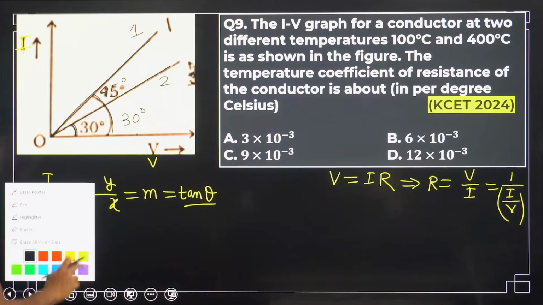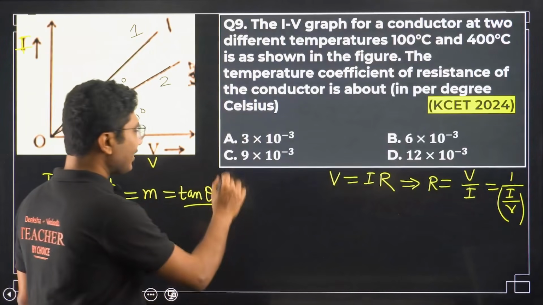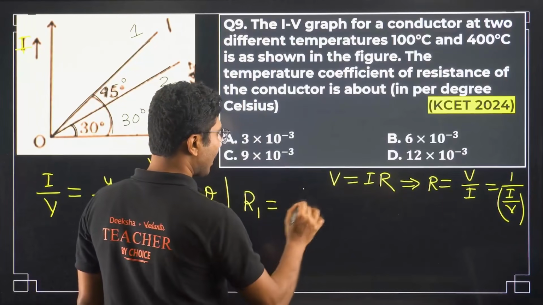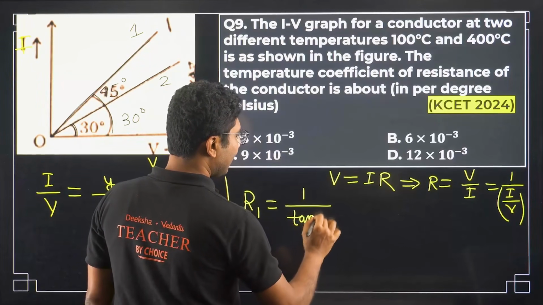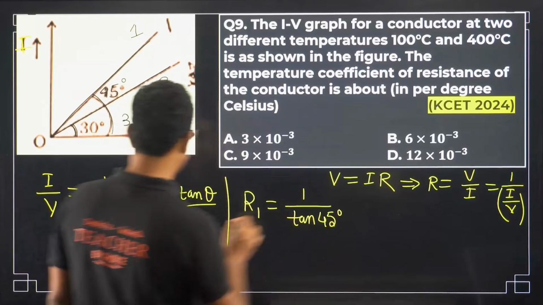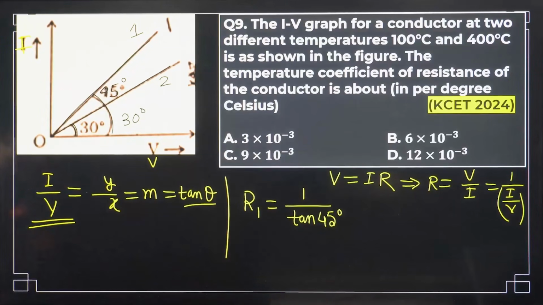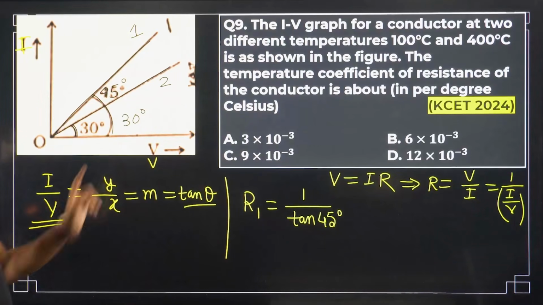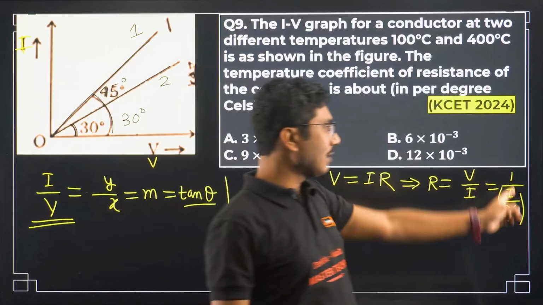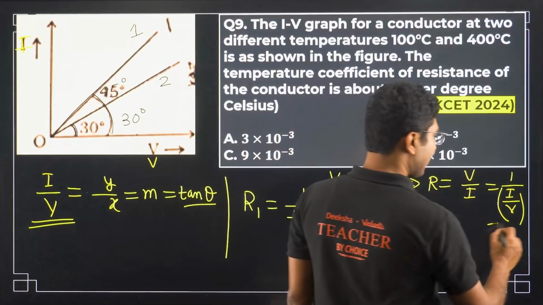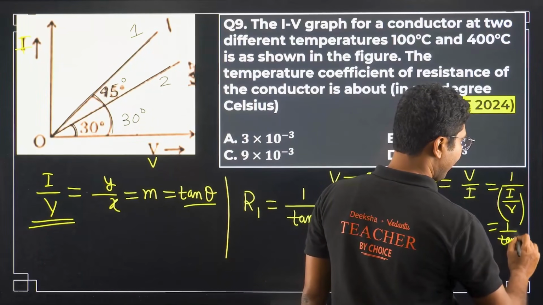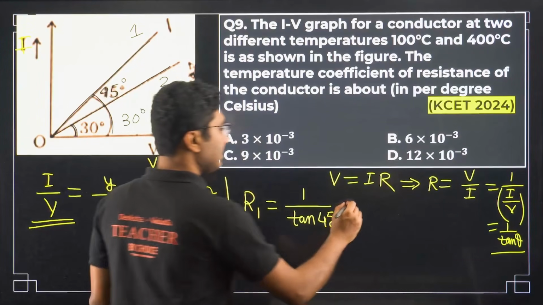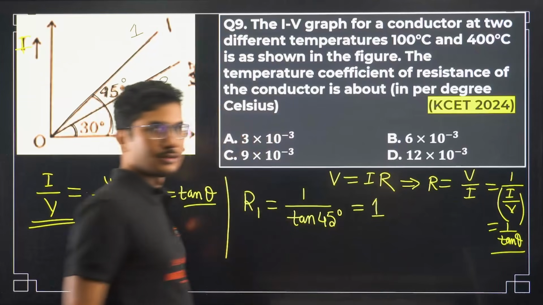Now let's find R1. We have already established I by V is tan theta, so R1 is 1 by tan 45 degree, that is 1 by 1, that is 1.